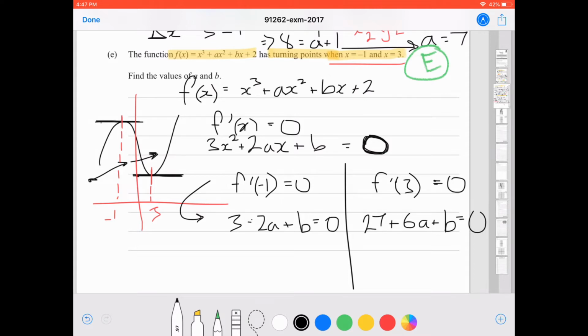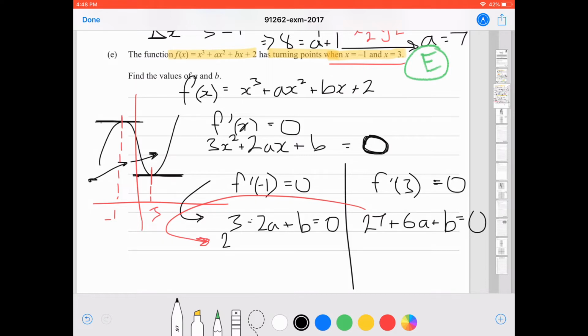We are going to solve simultaneously. So let's bring our second equation below our first, because we are going to use the elimination method straight away here, just to get rid of our positive b.